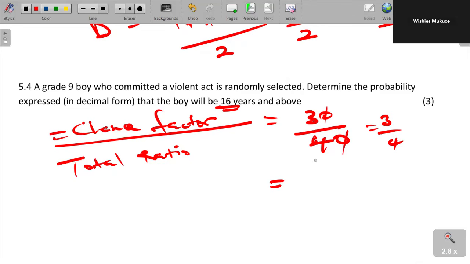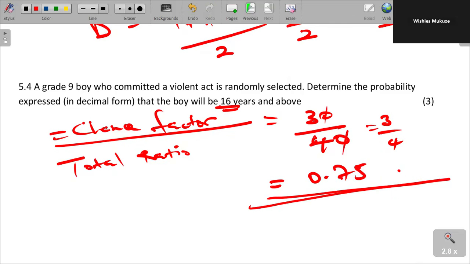This is supposed to give us 0.75. Therefore, we can say that the probability of having that boy is going to be 0.75.